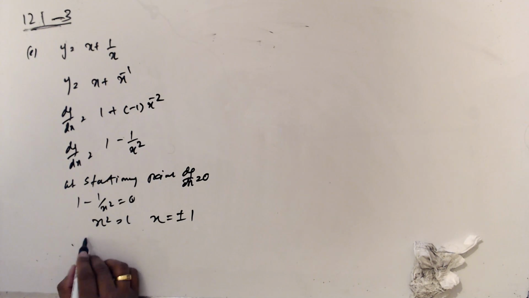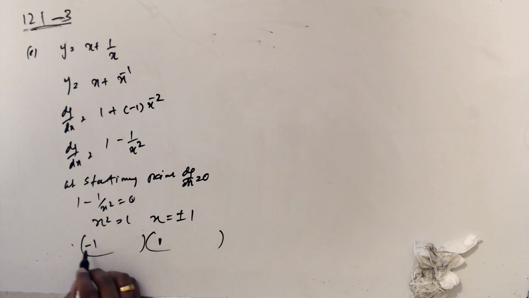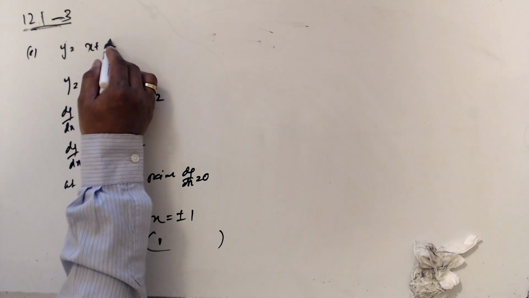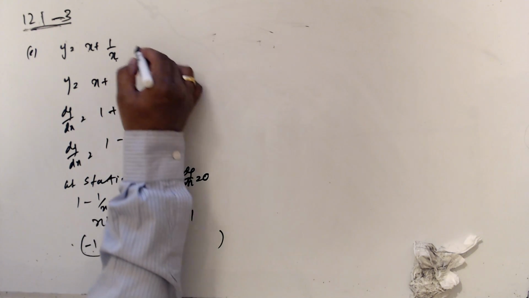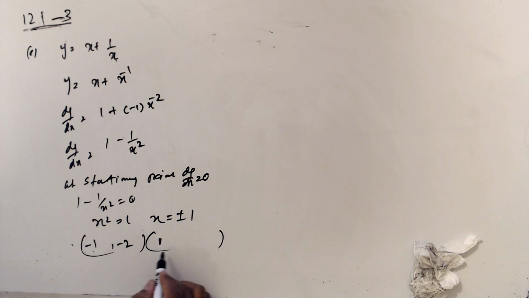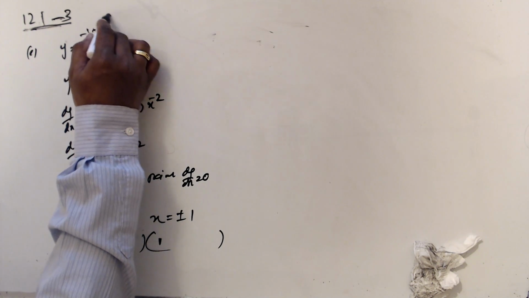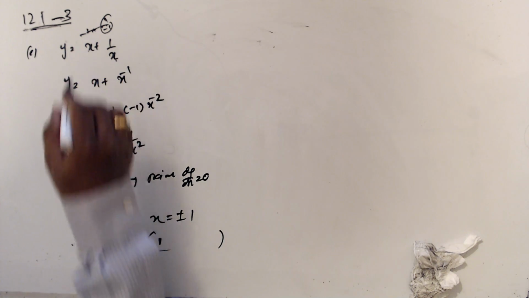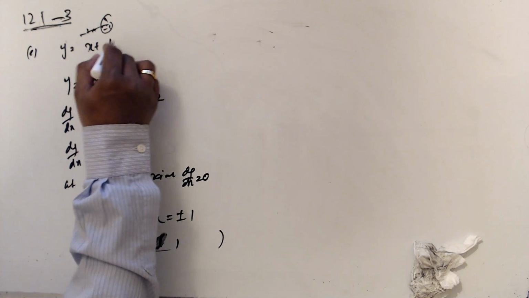Now we have two points. One is minus 1, other is plus 1. When x equal minus 1, minus 1 plus 1 over minus 1, so this is going to be minus 2. When x equal 1, 1 plus 1 over 1, that is 2.